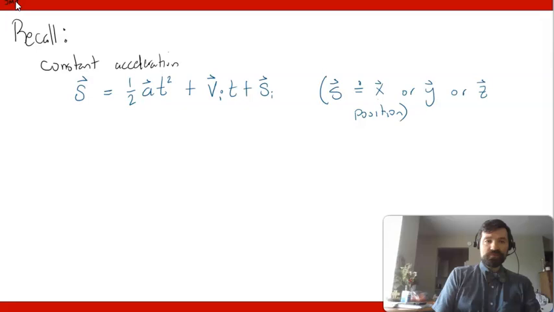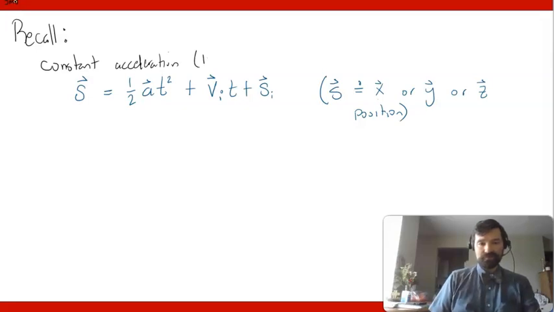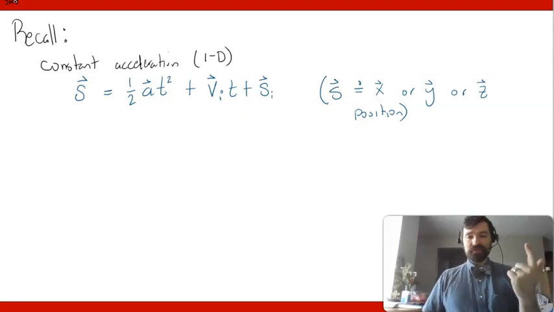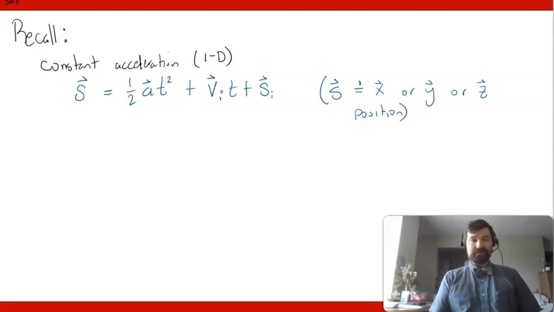Well, this was for a 1D motion, meaning it's constrained to move only along, say, the x-axis, or only along the y-axis, or only along the z-axis. And we could similarly write that the velocity was given by the acceleration times time plus the initial velocity.